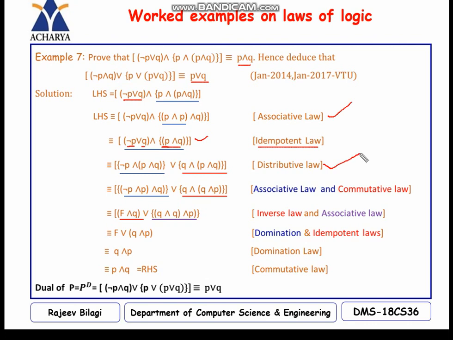This is the distributive law. This looks like the negation of P inside the bracket. I can apply the distributive law from this to this. I am going to get the negation of P and this.